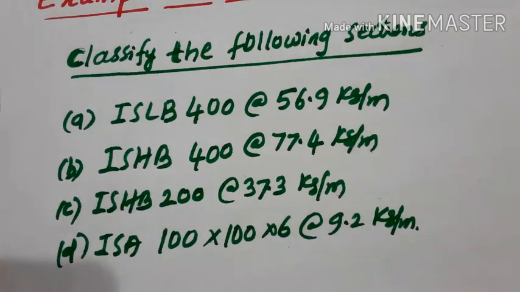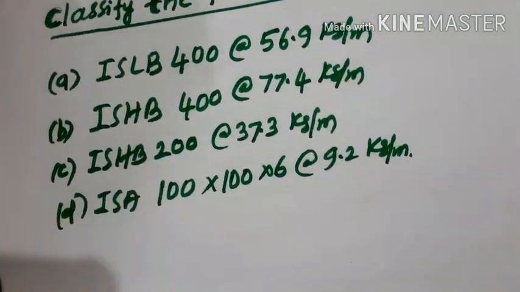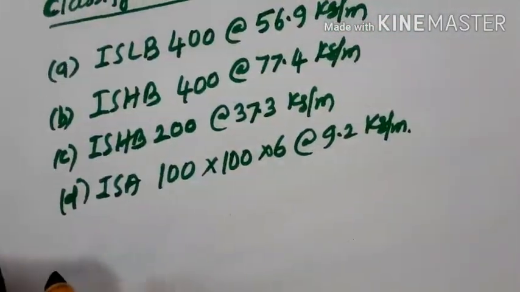We'll check it. Let us take the first one, that is ISLB 400 at 56.9 kg per meter.